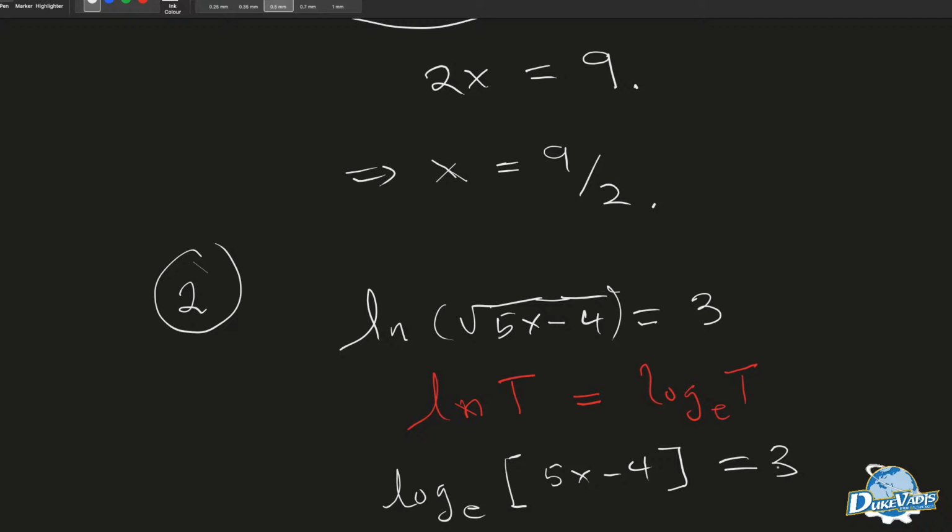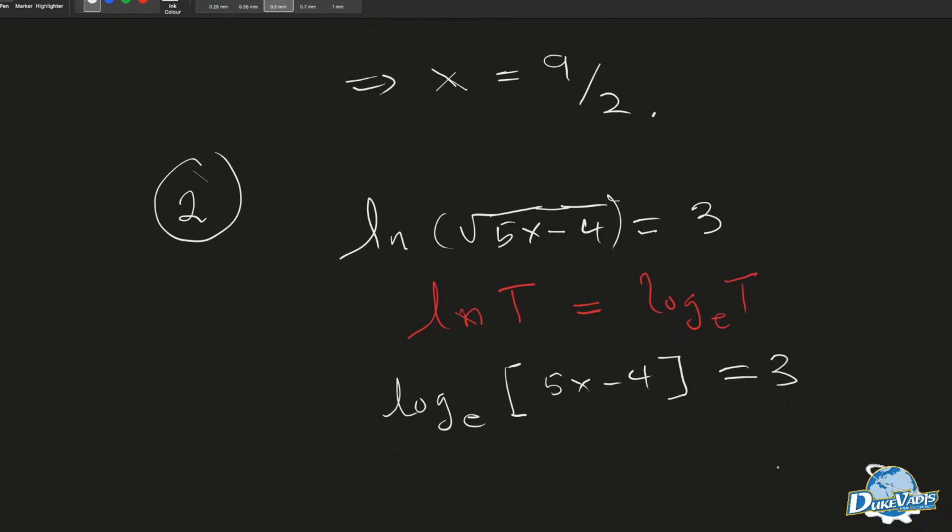Now this equation changes in completion once again. As we applied earlier, we are going to get 5x minus 4 equals e raised to the power 3.